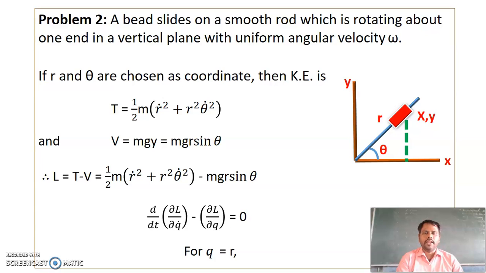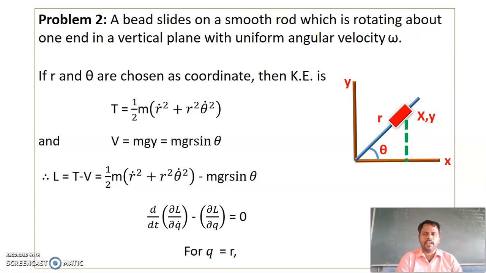In plane polar coordinates, the total kinetic energy of the system is given by half m times r dot square plus r square theta dot square. And the potential energy with respect to x is given by mgy, that is equal to mgr sin theta.